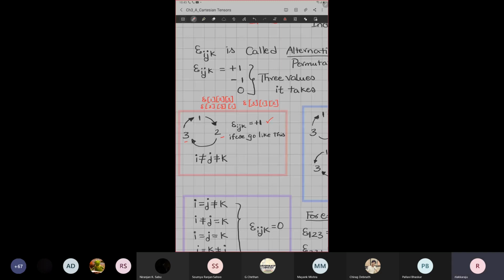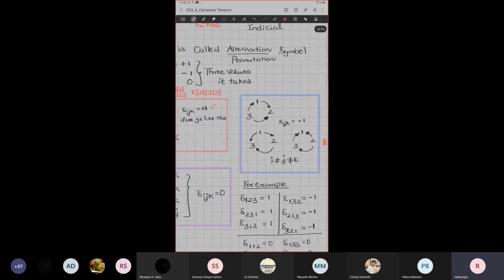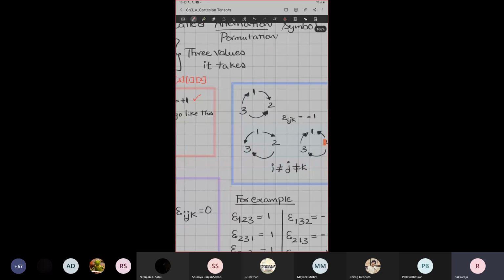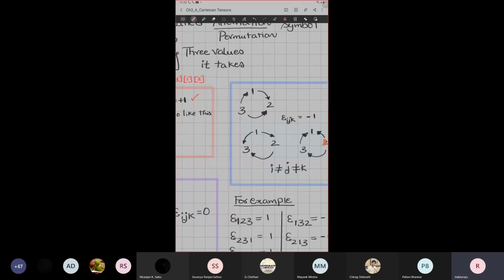And all i, j, k values should not be equal to each other. Instead of that, any one of these signs is reversed. 1, 2, 3, I would like to really go in that way.